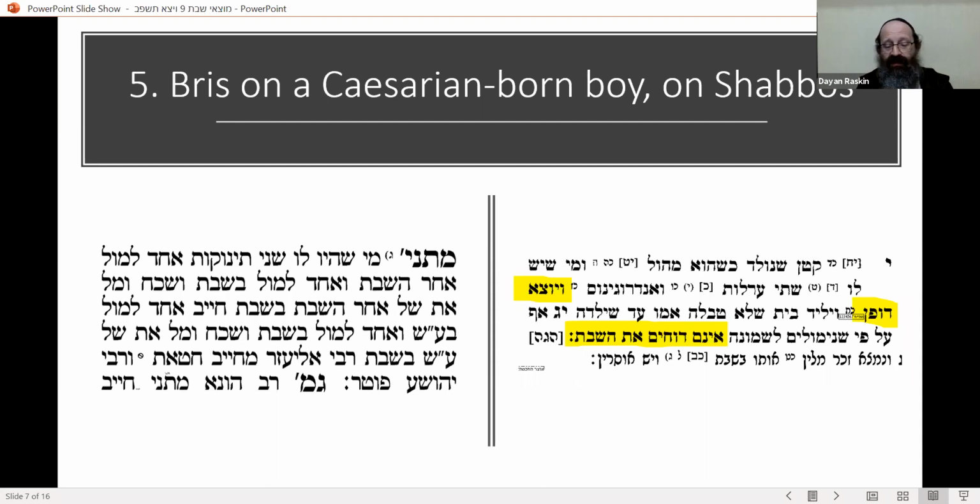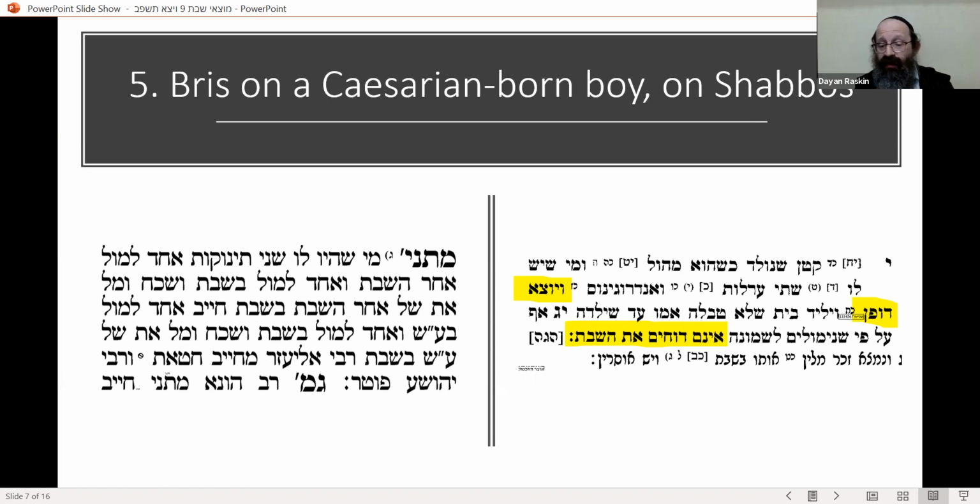So then there's a whole discussion here. Now we have a Mishnah in Shabbos, in Perek Rabbi Eliezer D'Milah, about Daf Kuf Lamed Zayin, and we have the following story. There are two baby boys. One was born on Sunday, therefore the bris will be done on Sunday. And the other was born on Shabbos, so the bris will be done on Shabbos.